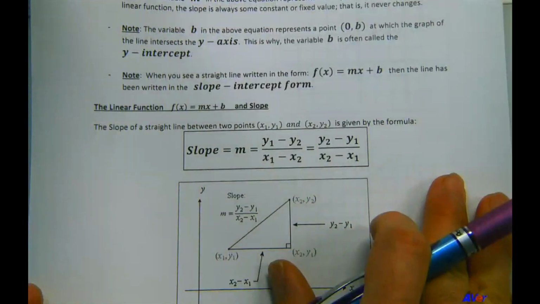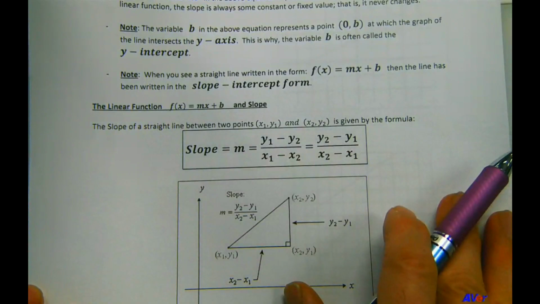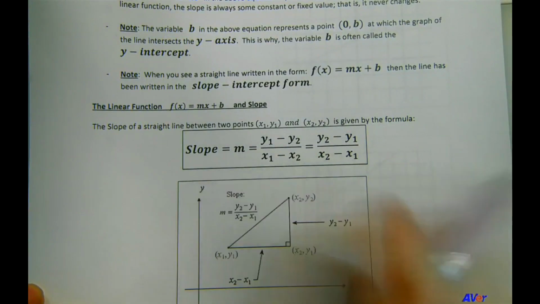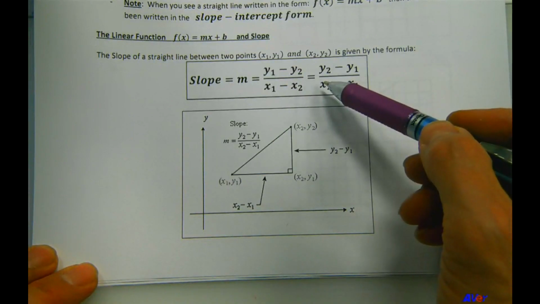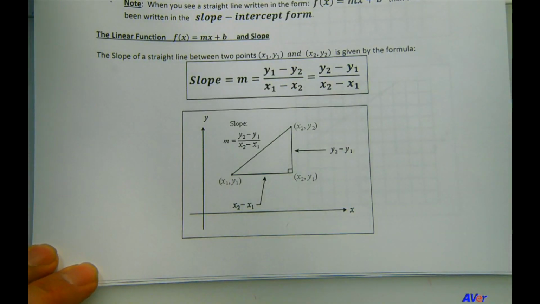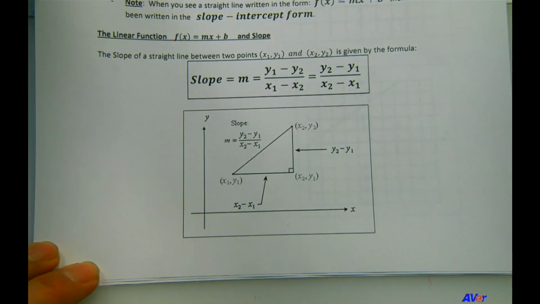So the slope of a linear function can be found using this formula. And if you make a connection, when we were talking about the equation of a circle, I mentioned that you should, in your mind, make a connection between the formula for the general equation of a circle and the graph we were discussing at the time.